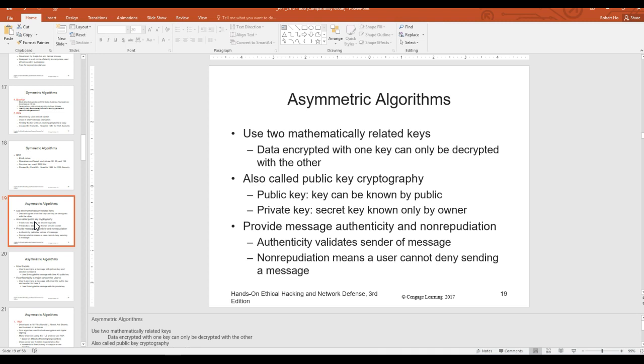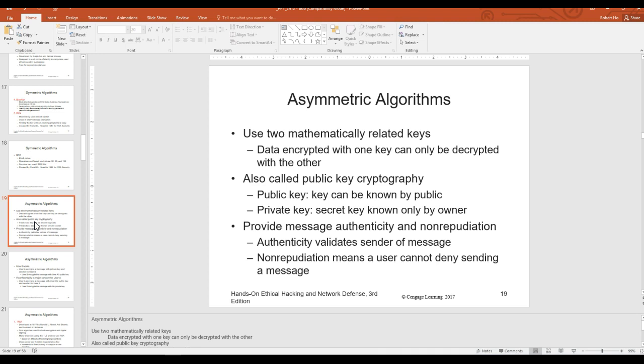This is also called public key cryptography. The public key can be known by the public, and the private key is a secret key held only by the owner. This asymmetric algorithm provides message authenticity and non-repudiation. Authenticity means it validates the sender of the message, so it's authentic.